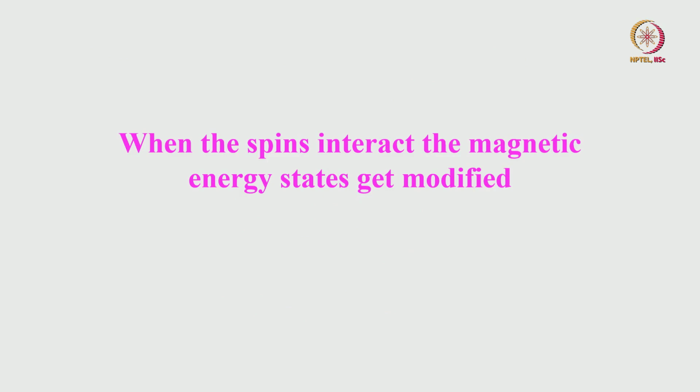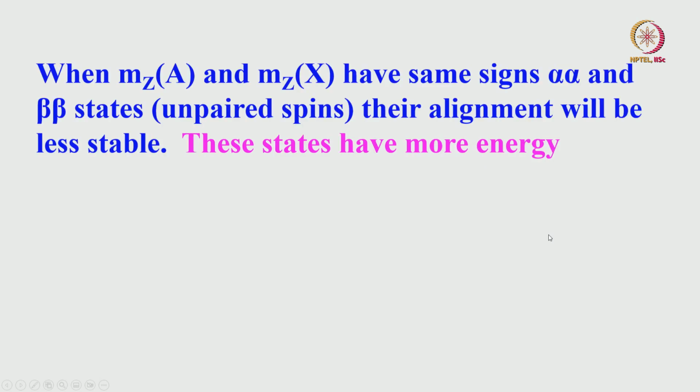In this case, we have to understand a little bit more. What happens to the energy states when the spins interact? Remember, in one of the cases I also explained to you, the energy levels get modified because mzA and mzX, when they have the same signs, alpha alpha and beta beta are the two states where both have the same sign.